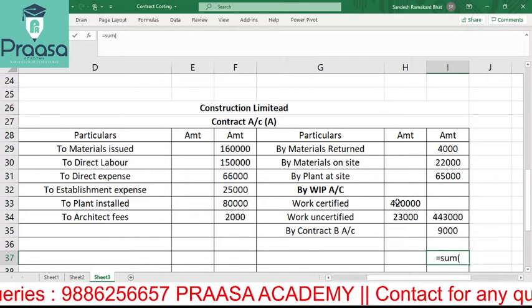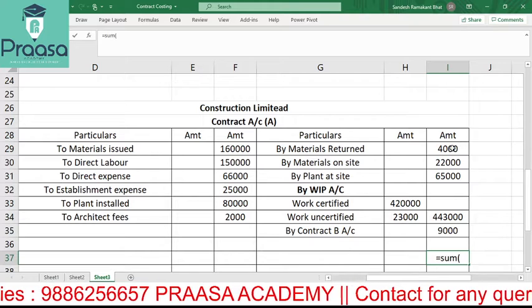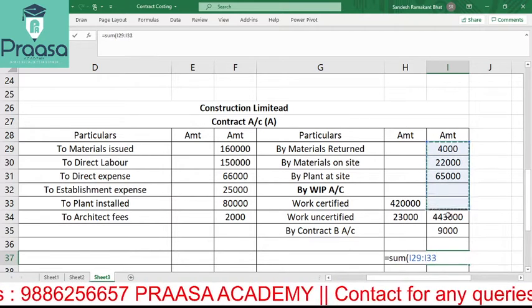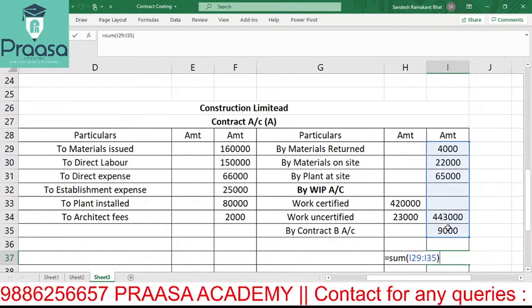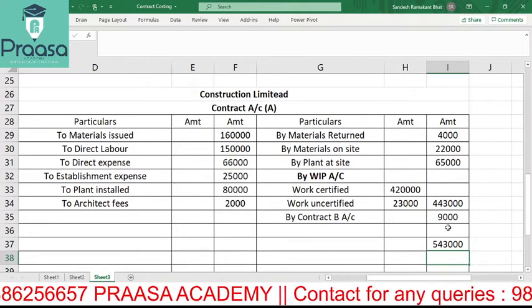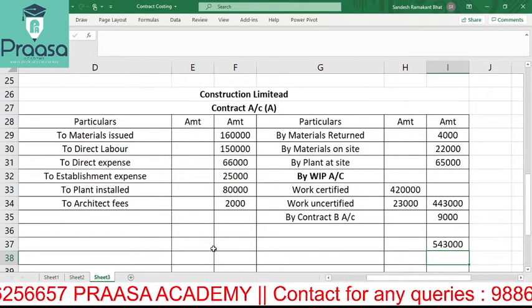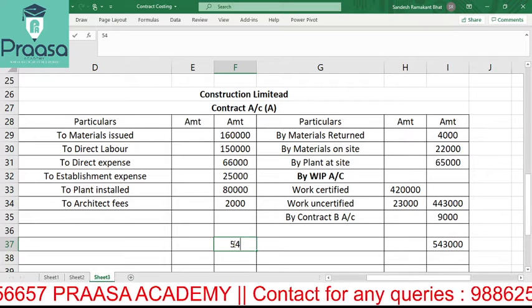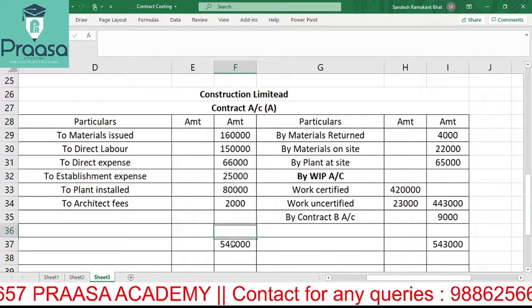Any other information given in the additional information? No other information given. I'll just do the total. How much will it be? 5,43,000. Here also 5,43,000.